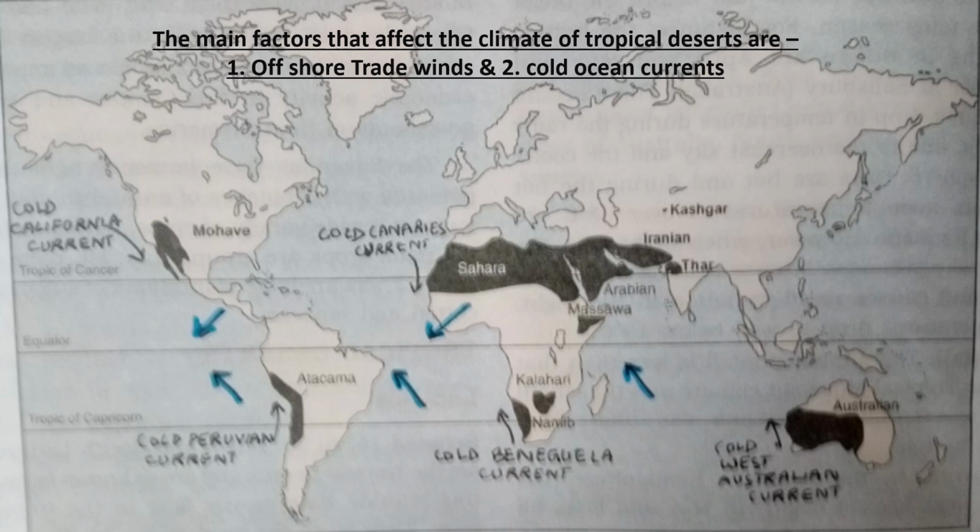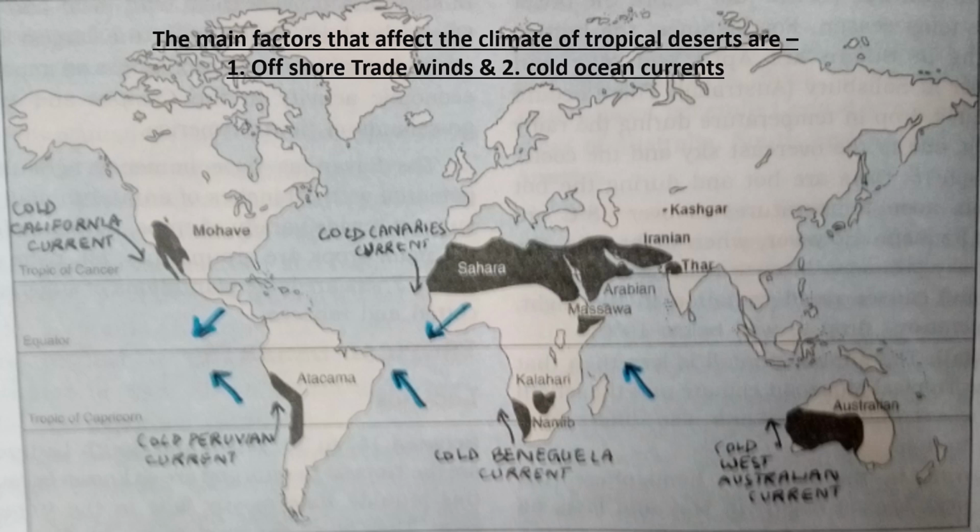When they come towards the continents, they cross the water bodies and give rainfall in the eastern margins. When the same winds blow further towards the west, they have already shed their moisture in the eastern part, and hence when they reach the western margins of the continent, they have lost all the moisture. Therefore all these deserts are found in the western margins of the continents, because the trade winds become dry when they reach the western part.